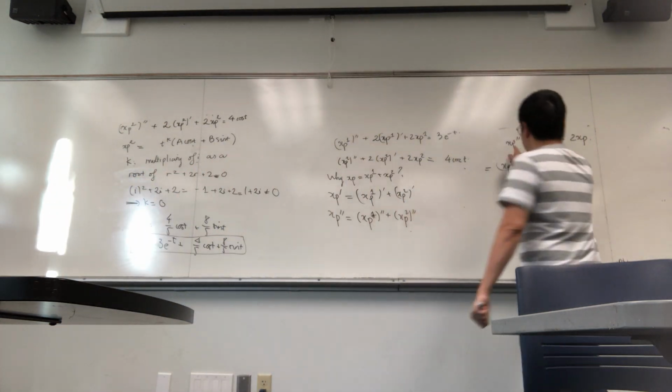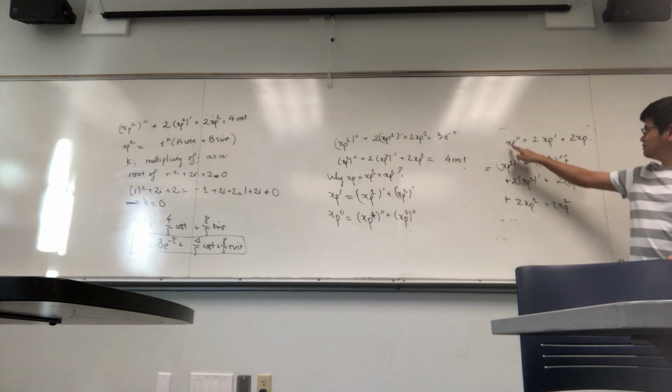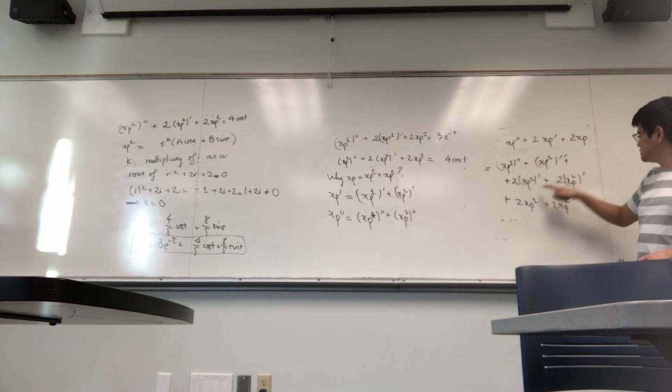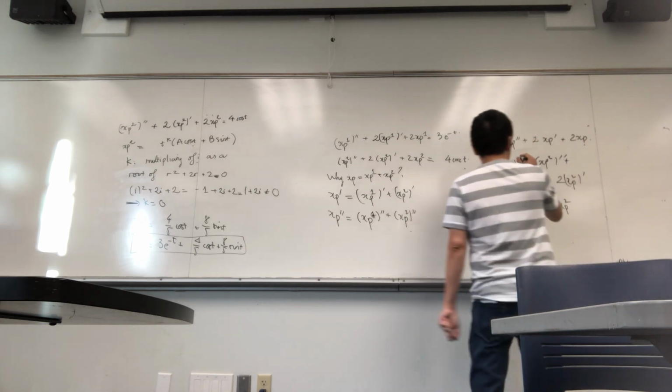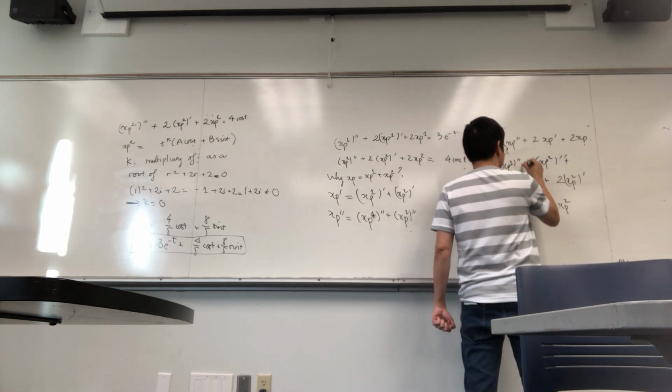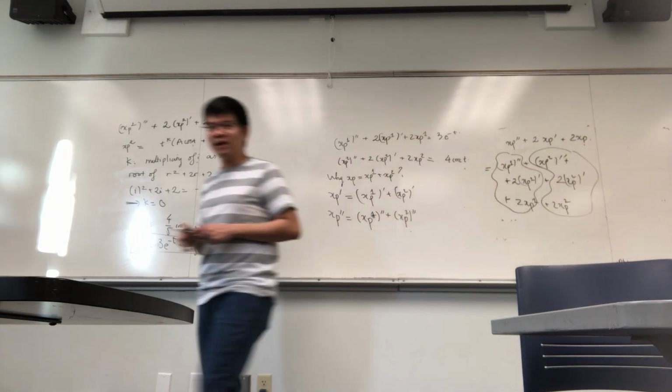All right? Now you consider the equation xp second plus 2 xp prime plus 2 xp. This is the xp second, this is the xp1 prime plus xp2 prime, this is the xp. Now I'm going to group this, and I'm going to group this. What do I get?